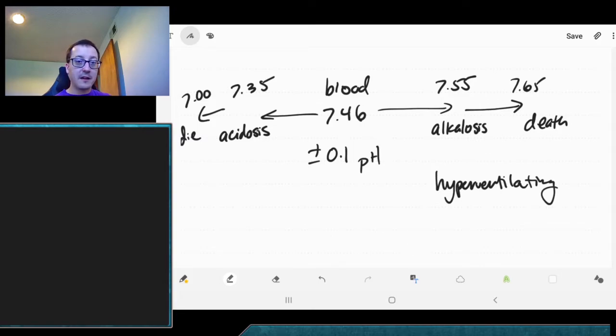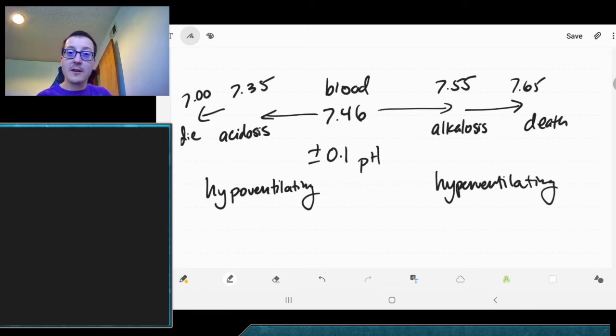So our bodies are very, very, very good at maintaining this pH, and we use a whole bunch of different systems to do so, but one of the main ones is carbon dioxide and bicarbonate. We keep these things very, very tight. The opposite side: if you slow down your breathing too much, you end up going into acidosis.